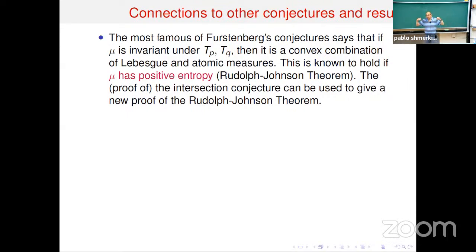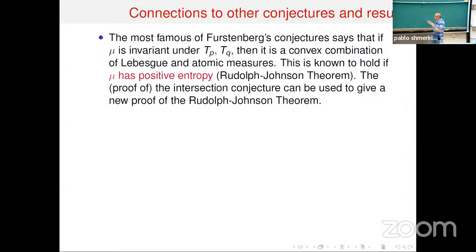And okay, so the intersection conjecture is stronger than the sumset conjecture, and in fact is stronger than a measure version of the sumset conjecture, where you look at convolution of measures rather than sums of sets. And this result on convolutions of measures that I proved with Mike Hochman in 2012 easily implies Rudolph–Johnson. I'm not saying that this is the best way, or the shortest way, to prove Rudolph–Johnson, not at all. There are much cleaner, more direct ways to do it. But in some sense, it shows that this is a key that opens many doors.